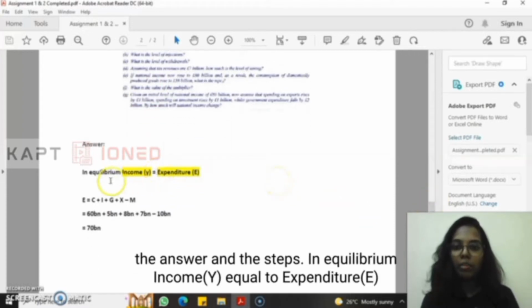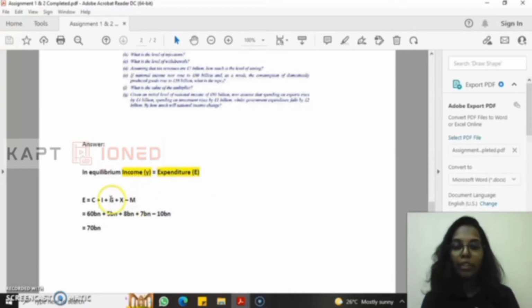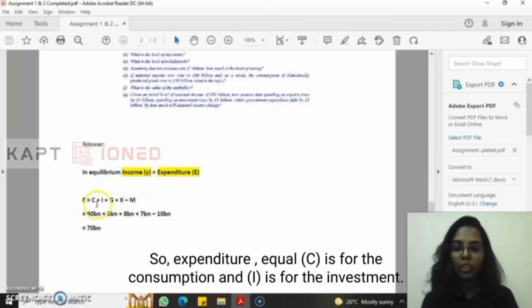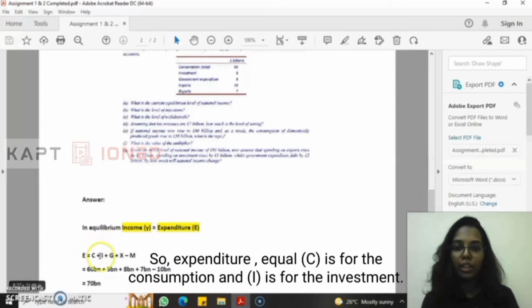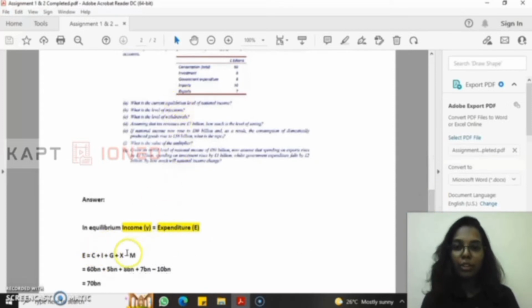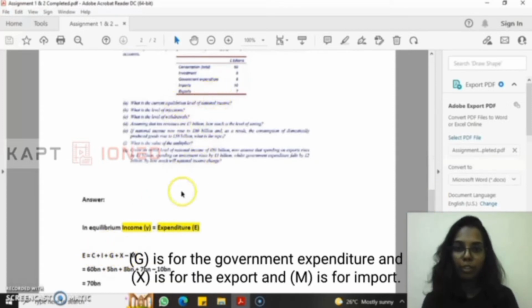In equilibrium, income (Y) equals expenditure (E). So expenditure equals C, which is consumption, I is investment, G is government expenditure, X is export and M is import.